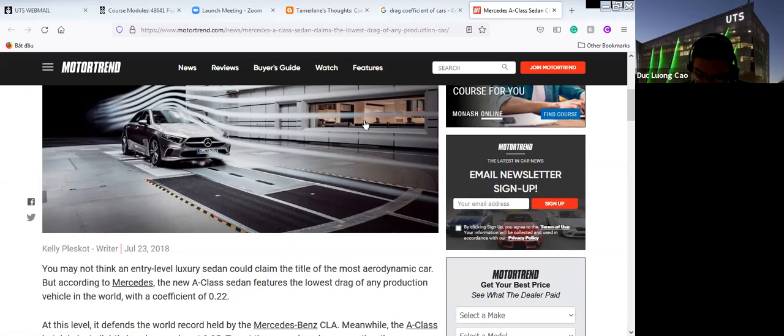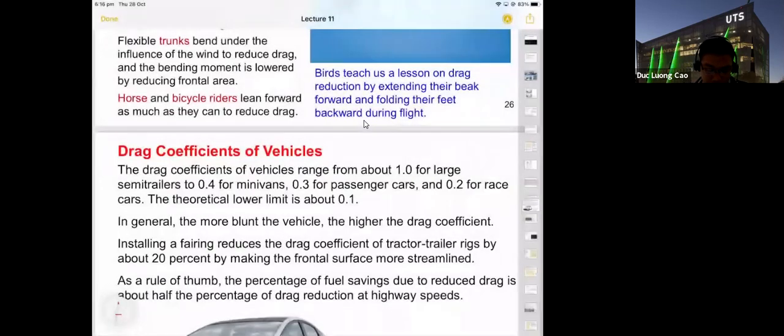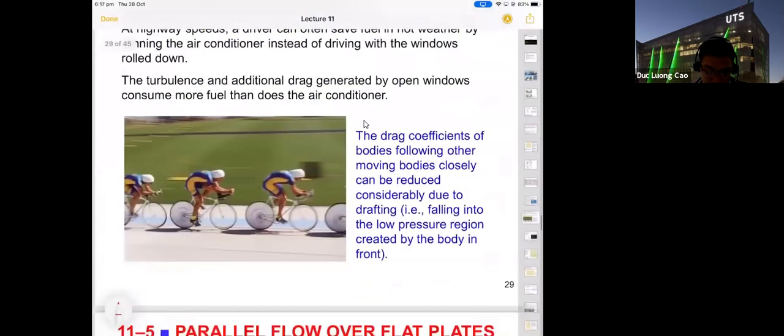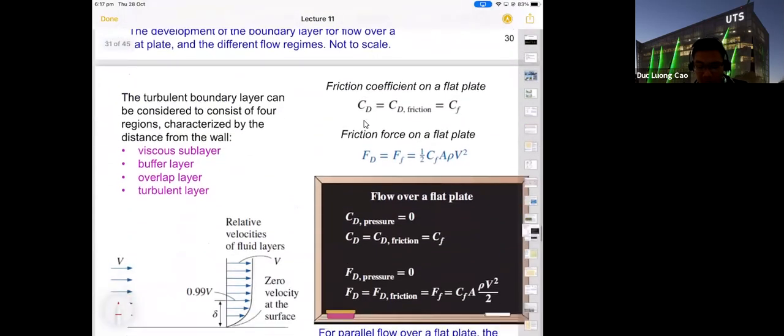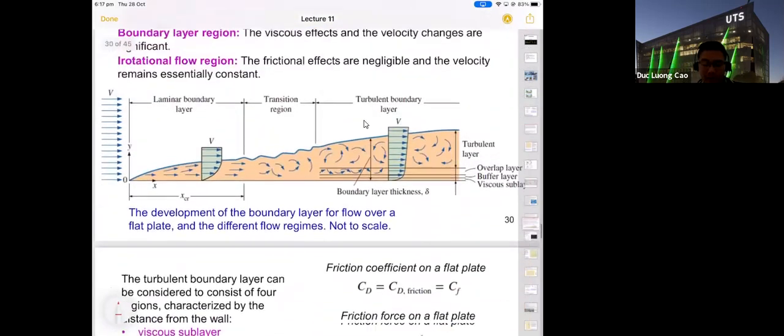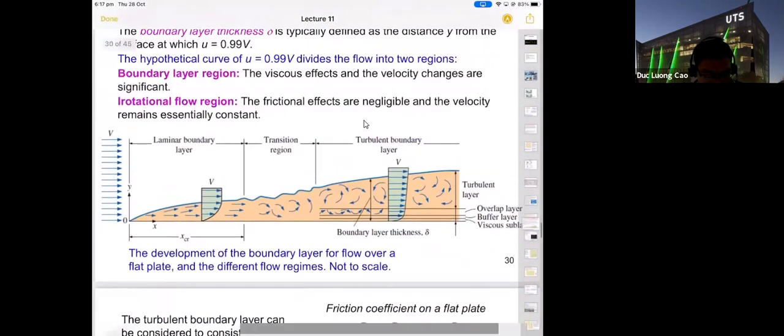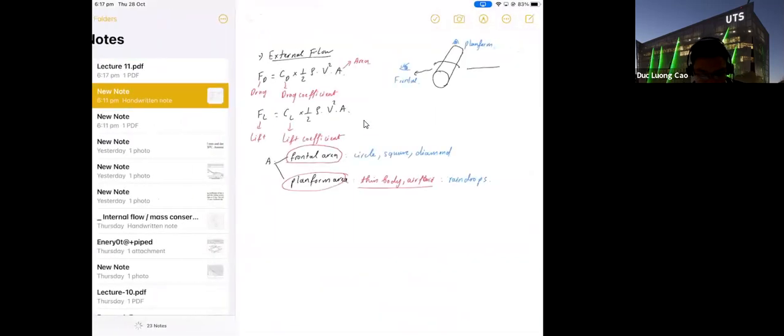One more thing I want to remind you here is drag force for flat plate. This one is important. Which one is a flat plate?